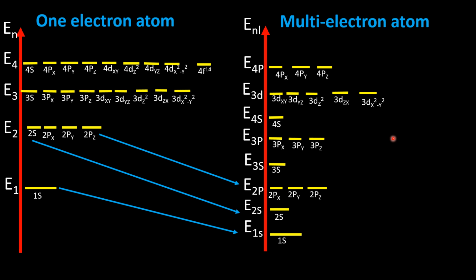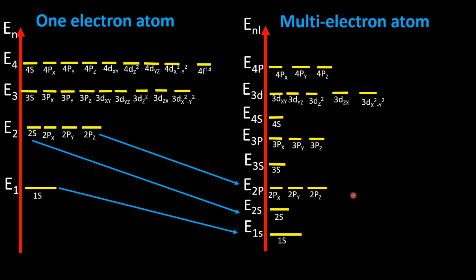When there is more positive charge, the orbitals are experiencing a stronger positive force from the nucleus, which attracts all the orbitals towards the nucleus. So all orbitals become closer to the nucleus as compared to the orbitals in the one electron atom.